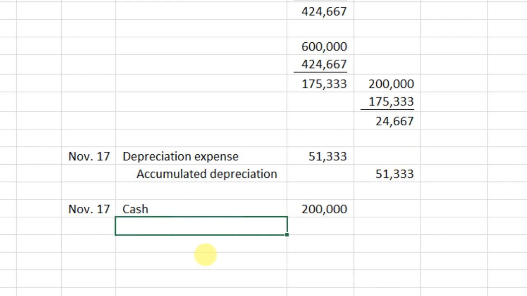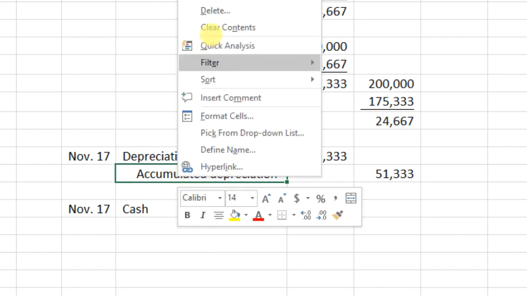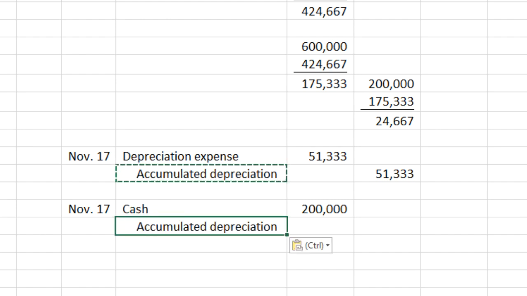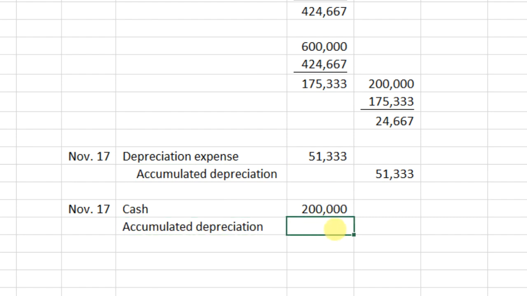Now, as soon as you don't have the equipment, you can no longer have the contra account for the equipment. You have to close out accumulated depreciation. So let's do the journal entry. That is a debit to accumulated depreciation. And of course, that was 424,667. So there we have it.